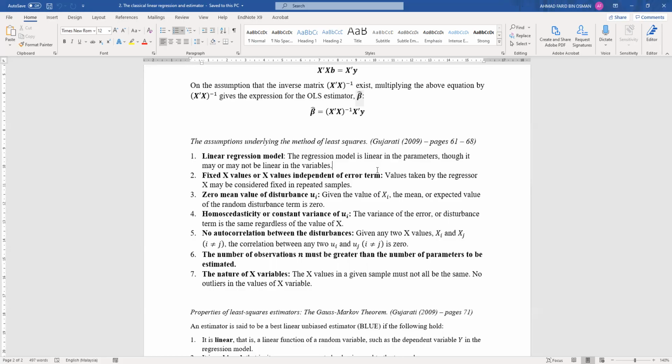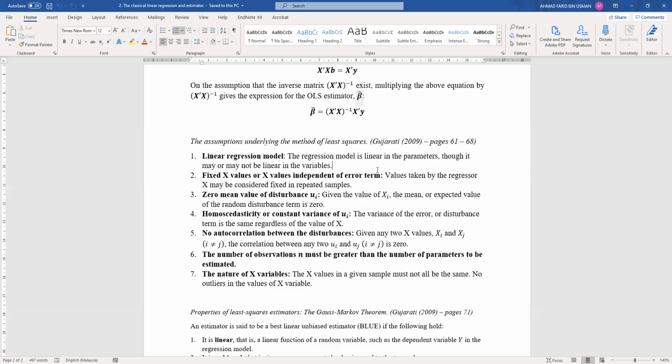Linear in parameters again means that the effect when x increases or decreases must be the same. It doesn't matter whether x increases from 1 to 2, 2 to 3, or 3 to 4; the effect on y must be the same. They cannot give different effects; otherwise it is not linear in parameters.